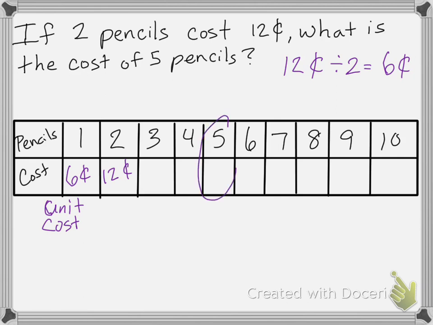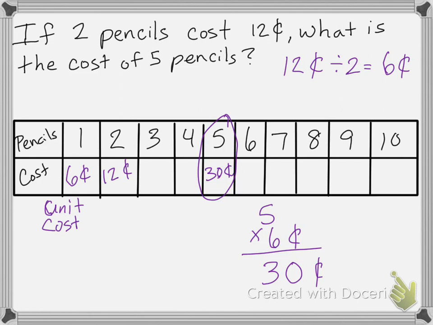Now I want to figure out how much 5 pencils cost. So I would do that by multiplying 5 times the unit cost, or 6 cents. Or I can fill in the table. So 5 times 6 cents equals 30 cents. Okay.